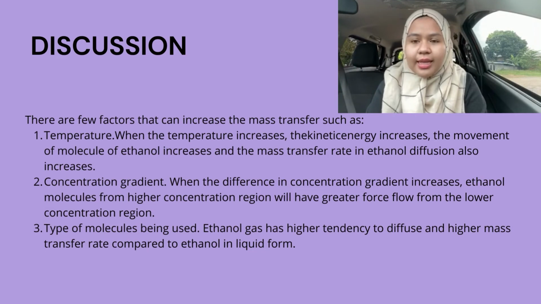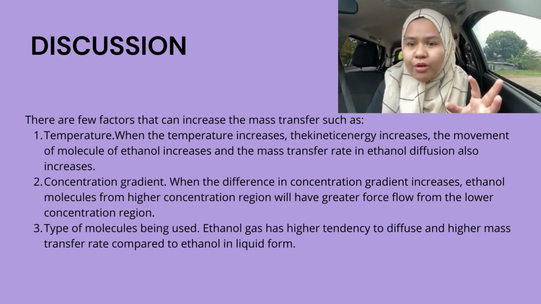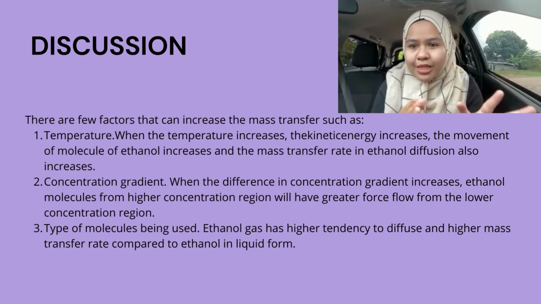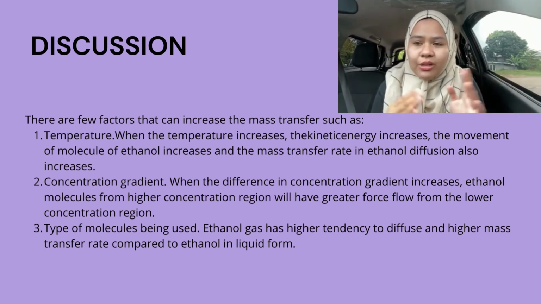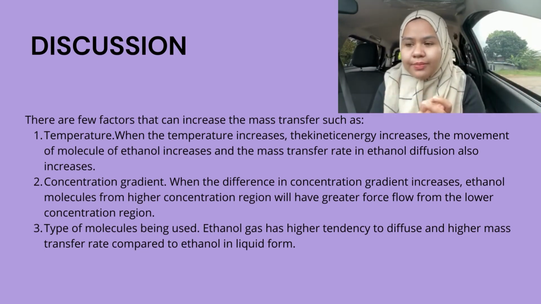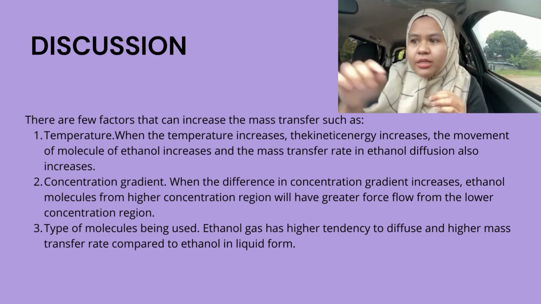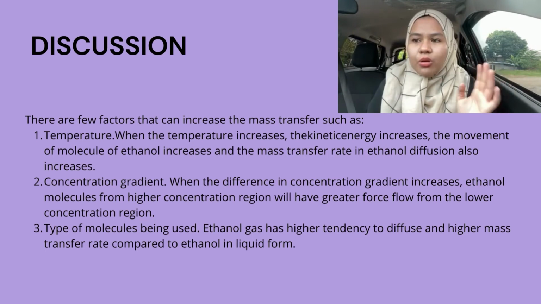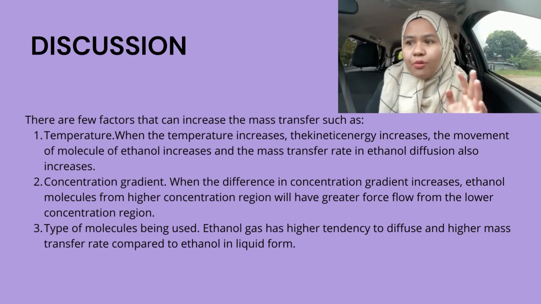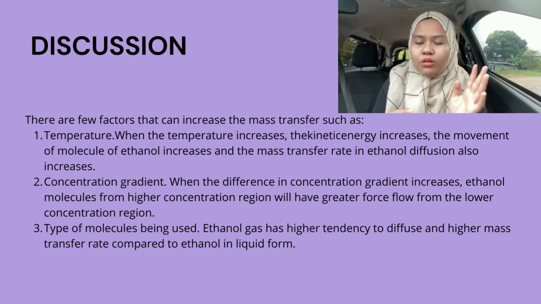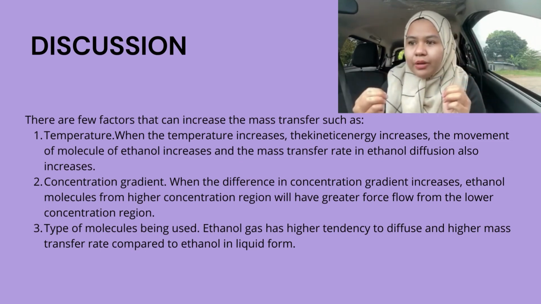There are a few factors that can increase the mass transfer rate. First is temperature. When the temperature increases, the kinetic energy increases and the movement of the ethanol molecules will increase, which will let the mass transfer rate of ethanol diffusion also increase. Next is the concentration gradient. When the difference in concentration gradient increases, the ethanol molecules from the higher concentration region will have a greater force to flow to the lower concentration region.